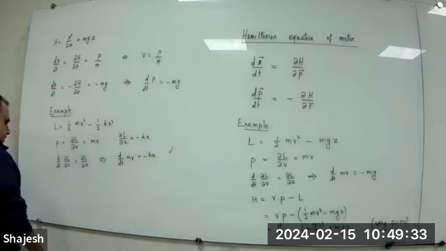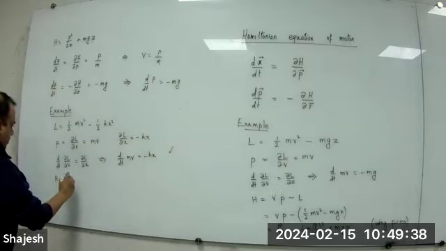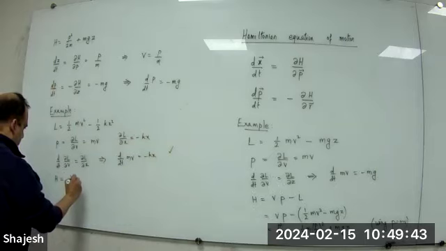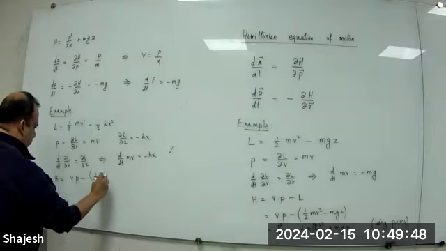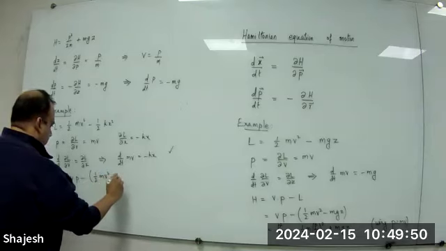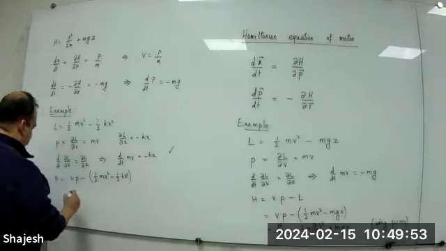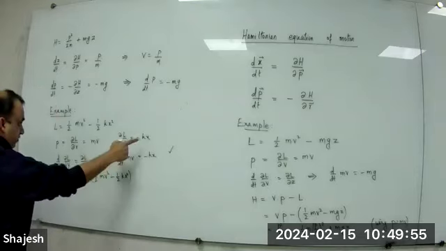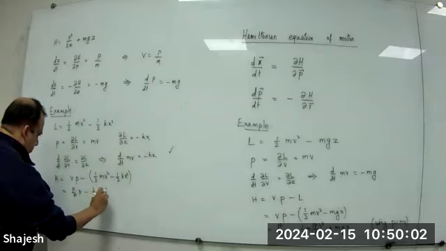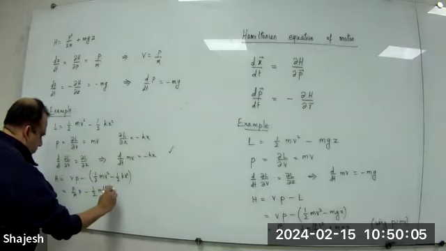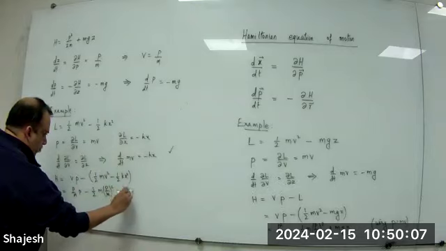That's Newton's law. The Hamiltonian is equal to v times p minus L, which is half mv squared minus half kx squared. Replace v, which is p over m, plus half kx squared.